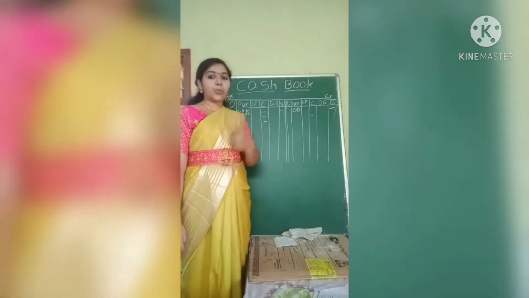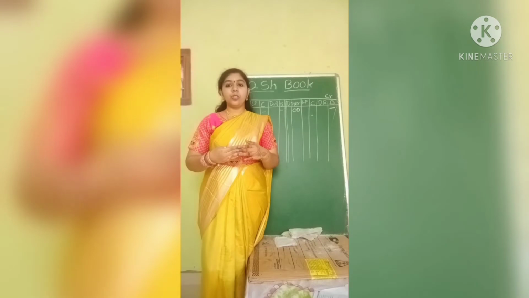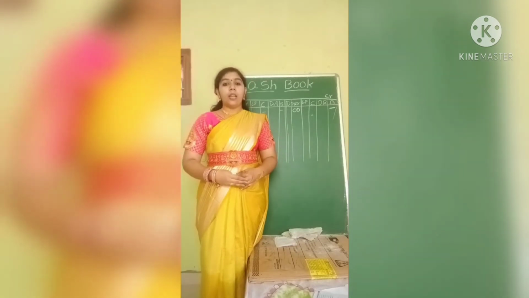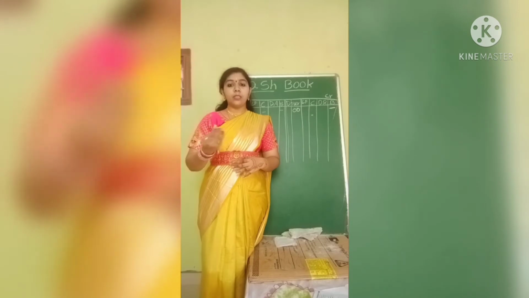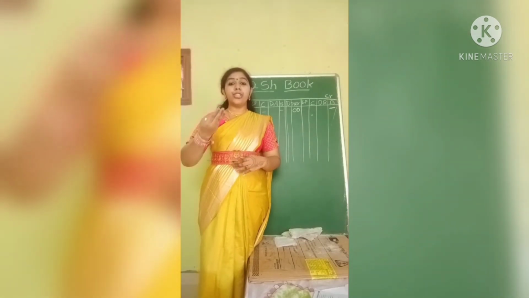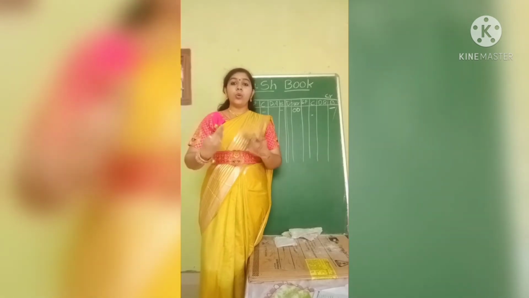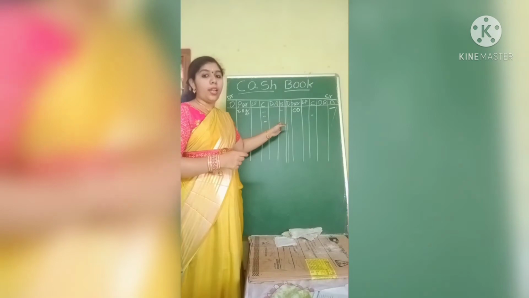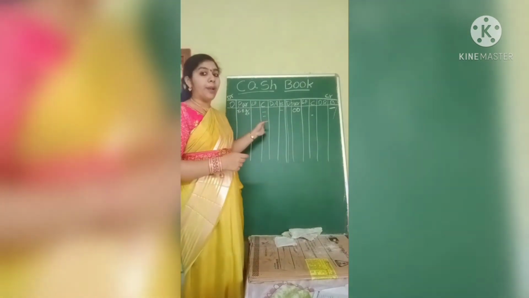Right. And next one. The check is received today and we deposited it in the bank today only. That should be written in the bank column, not in the cash column.